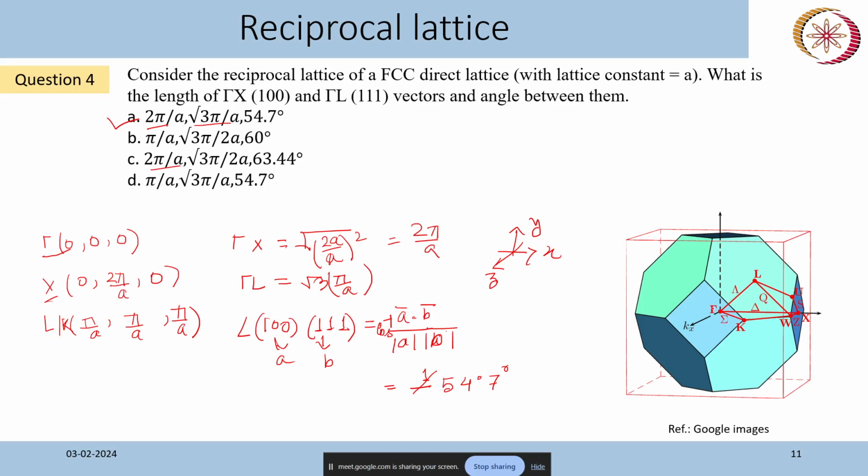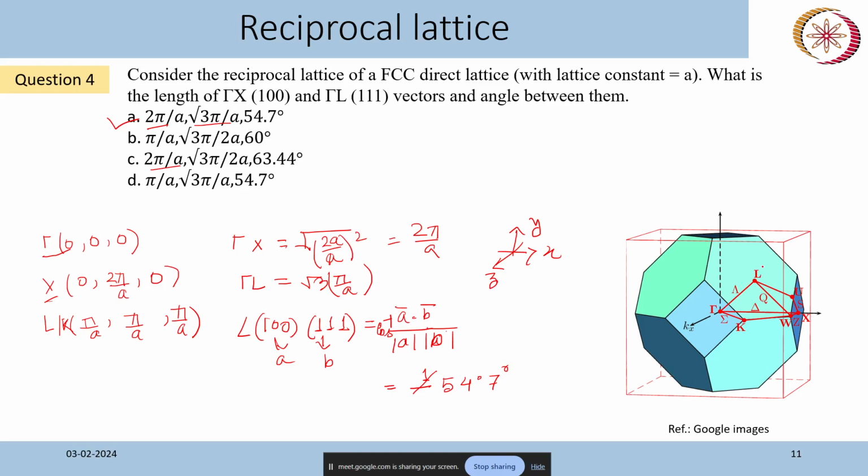And gamma points, so reciprocal lattice we generally use to make the band structure, right? We consider only these points like gamma, L, and X or K because there are certain symmetries around these points.